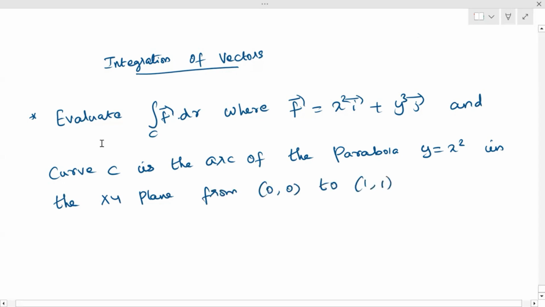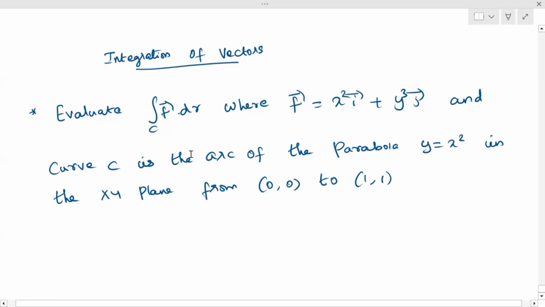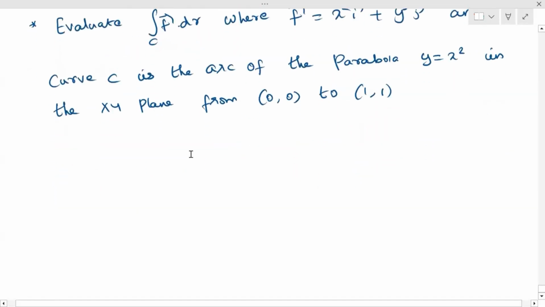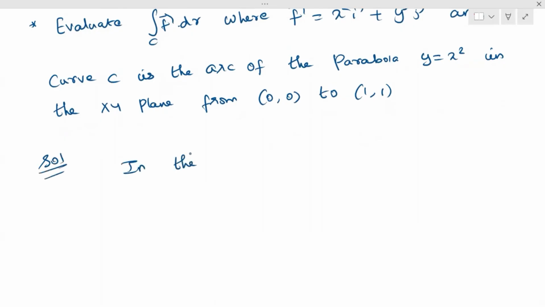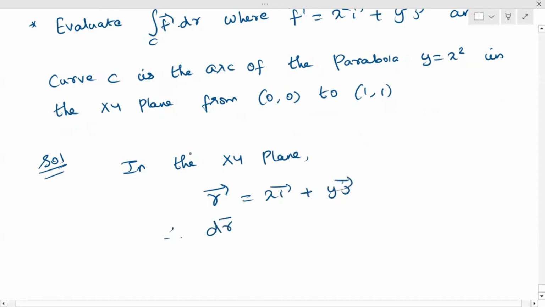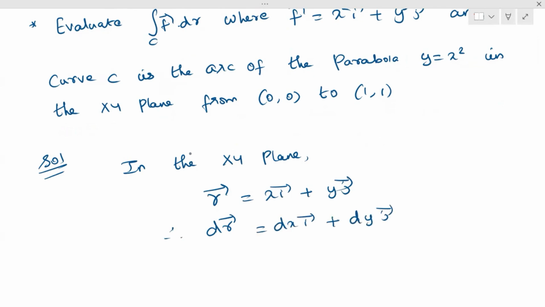So in this problem, we have to evaluate this line integral for the F vector they have given, and C is nothing but the arc of the parabola. In the xy plane, we know r vector is x i plus y j. Therefore, dr vector is dx i plus dy j.